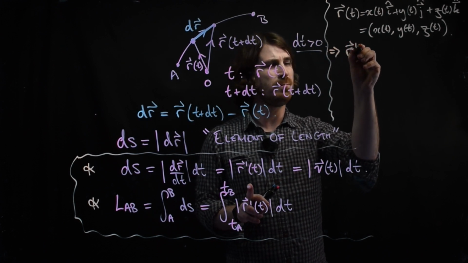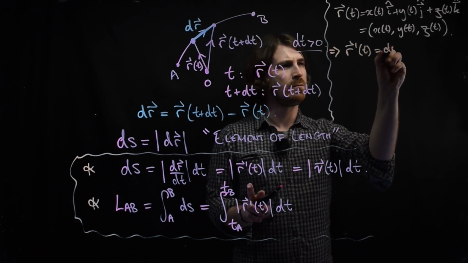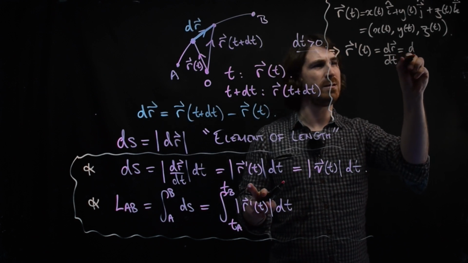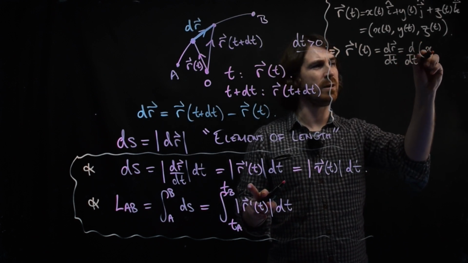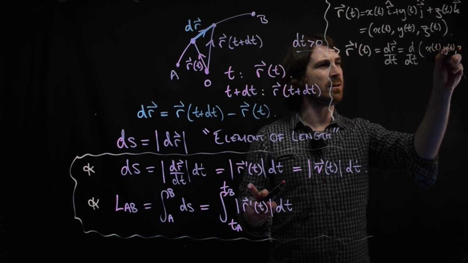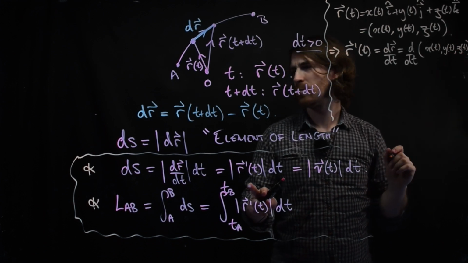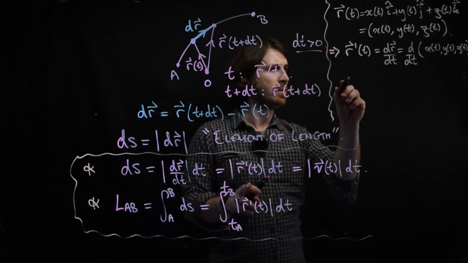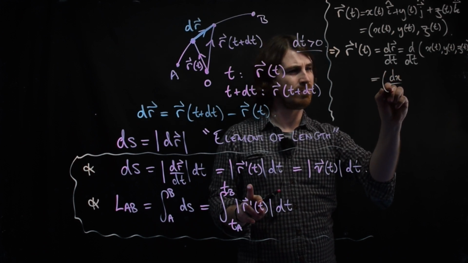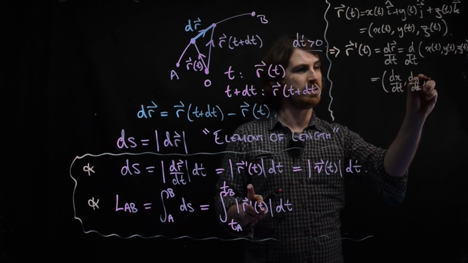So let's first find its derivative. r prime, so dr by dt, equals d by dt of this vector x of t, y of t, z of t. And this equals just dx by dt, dy by dt, dz by dt.